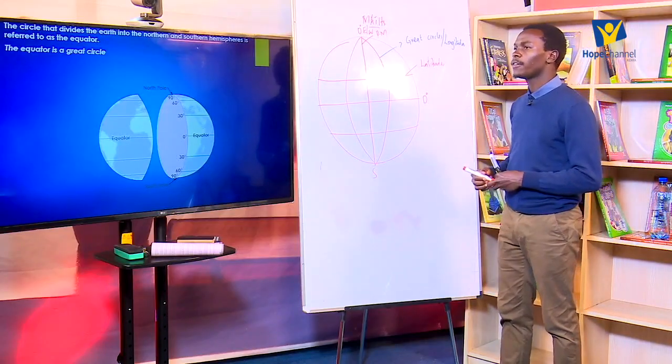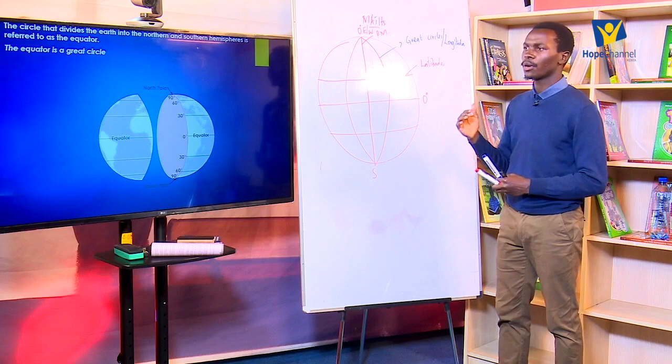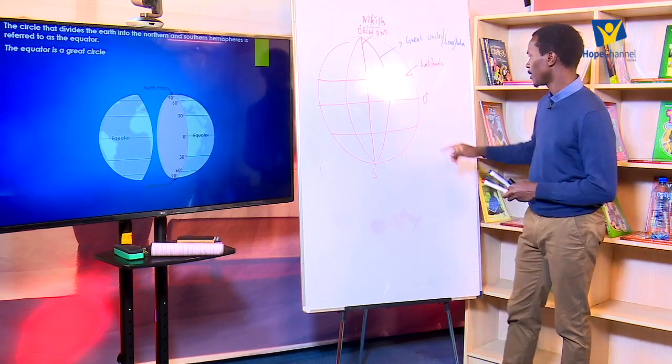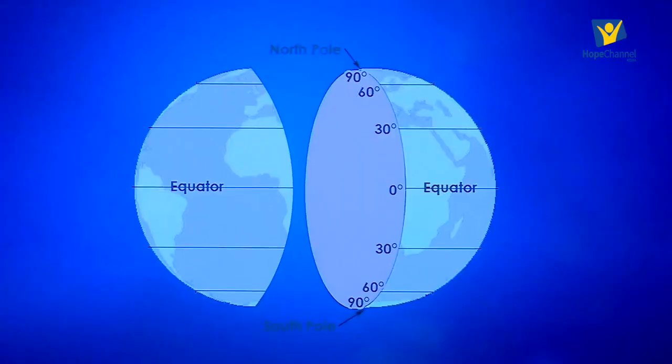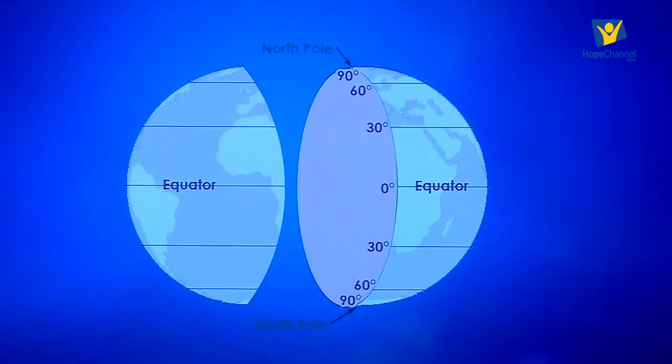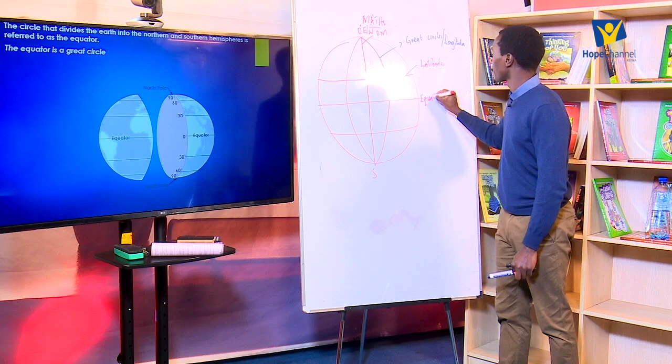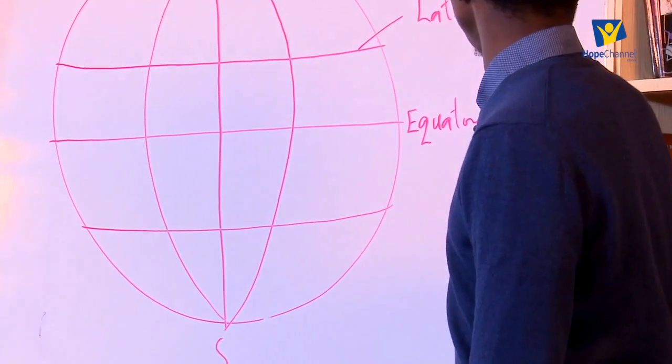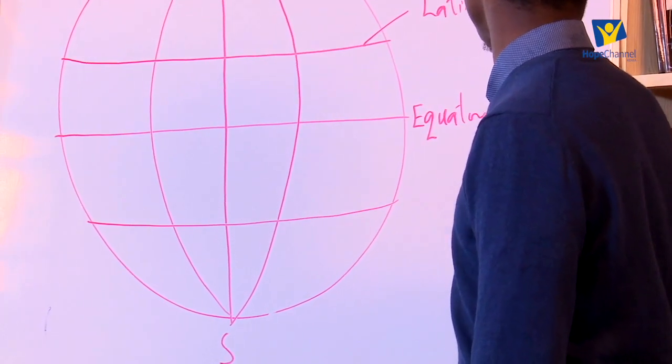And they show how far a place is north or south of the equator. Now the equator is this center line that is always perpendicular to the prime meridian. So this is the equator. It is at 0 degrees north or south.